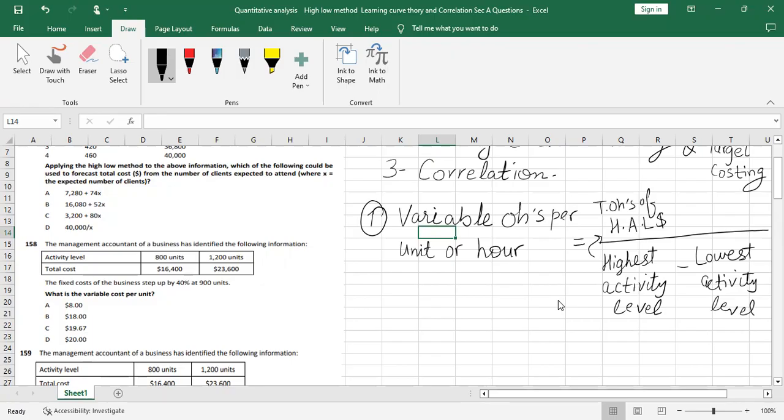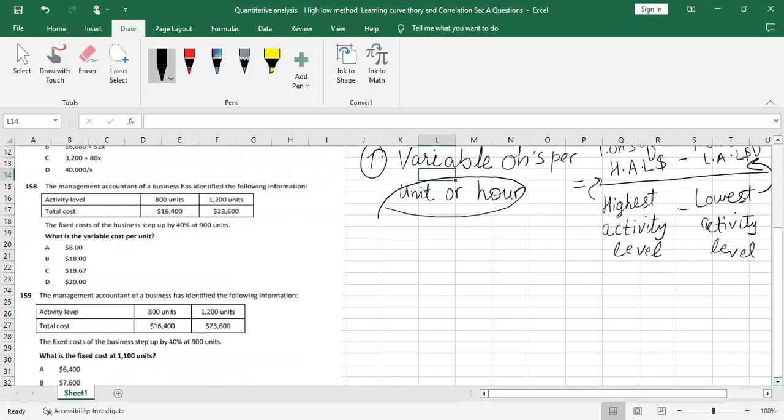So first of all, you determined your denominator, then you write your numerator, which is related with the denominator. Similarly, minus total overheads of lowest activity level. I mentioned the dollar sign here, which means in the numerator, you will write total overheads in dollars, for the highest activity level and lowest activity level. And these are the two activity levels. It could be either units or hours. Clear? Step number one.